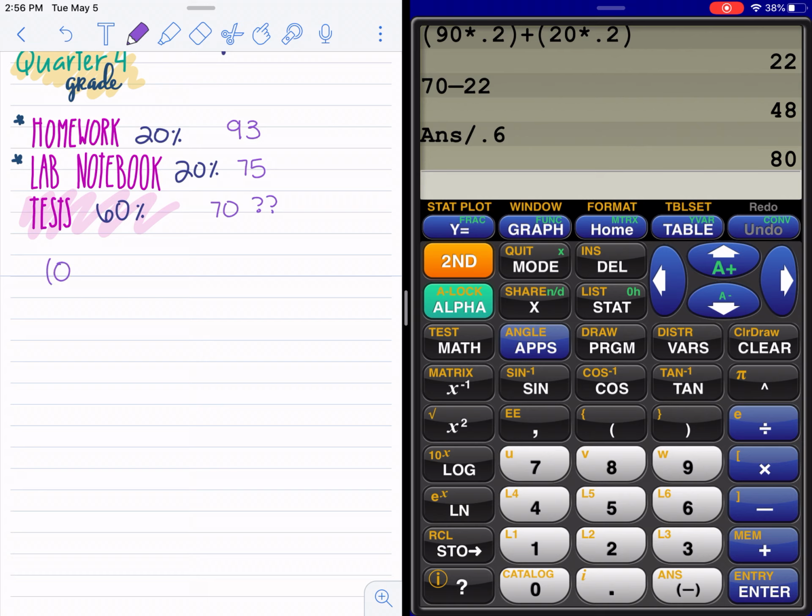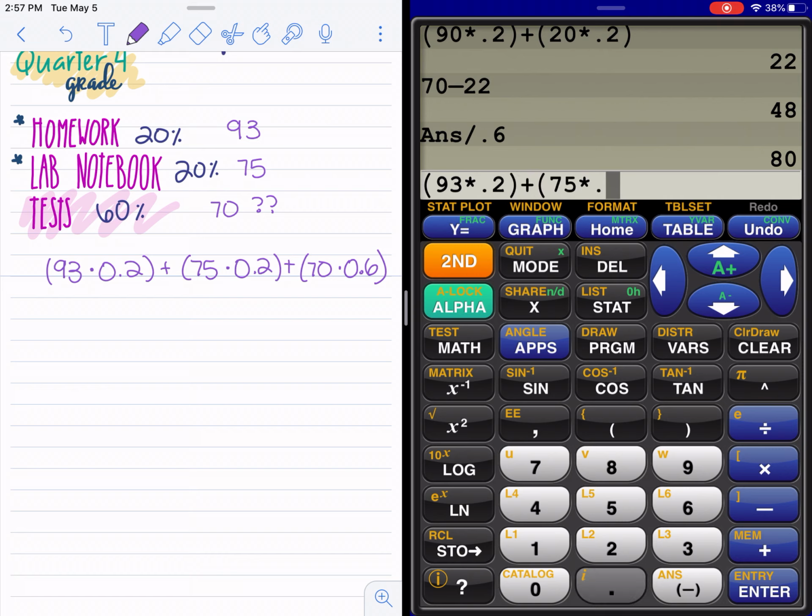Okay, so let's see what this looks like. So we would take 93 times 0.2 plus 75 times 0.2 plus 70 times 0.6. And this is how you would calculate your quarter 4 grade.